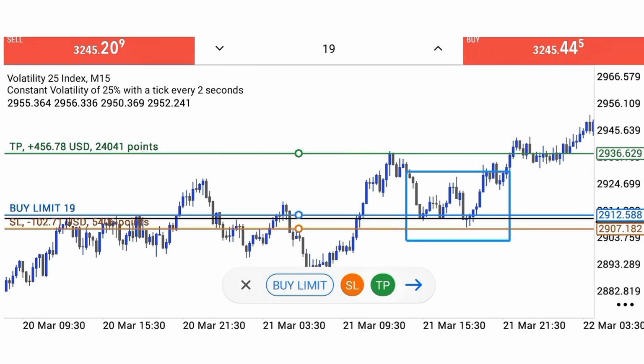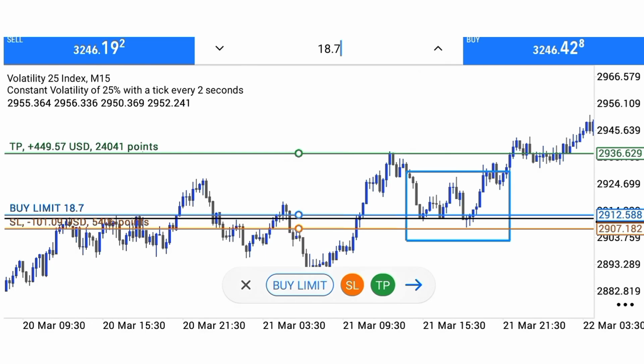Okay, 19? 19 is $102. Let's say 18.7. Okay, that is $101. I can just risk it like that. So let's imagine I'm risking $100 for this trade. That means I'll be making $449 for the trade. There's no other business in the world that can give you this amount of money in a very short time like this.